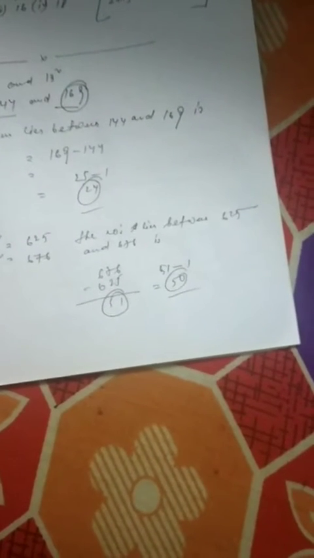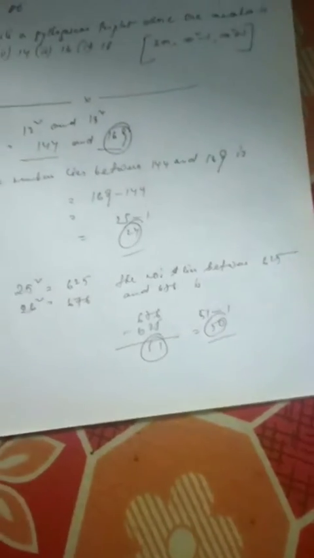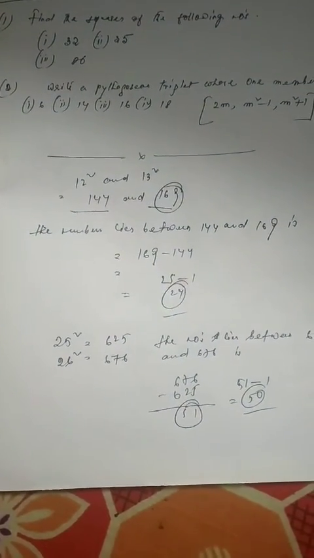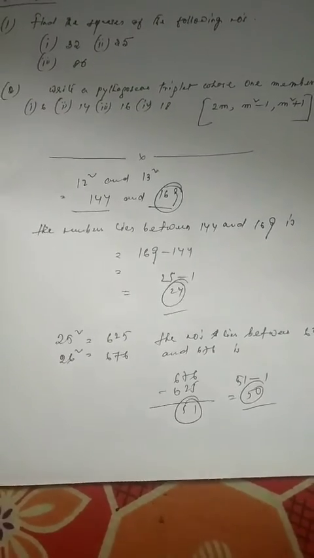There are 50 numbers between 625 and 676. In that case, we are not considering 625 and 676. We are actually taking the numbers between 625 and 676.